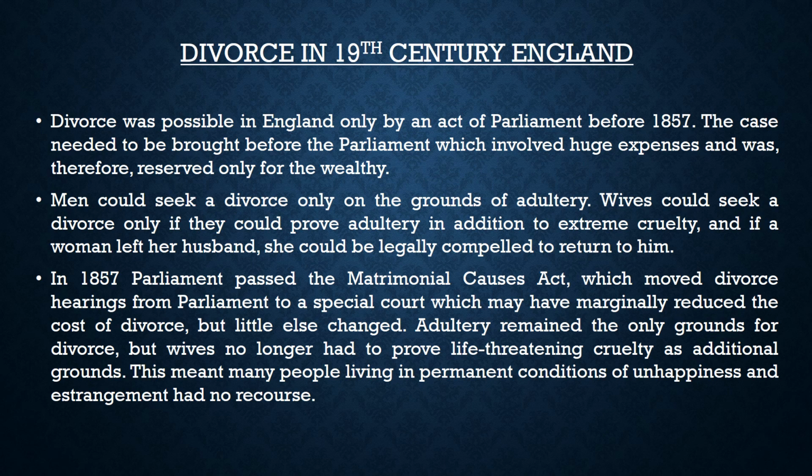People who could not afford divorce, number one, and secondly, people who could not prove adultery, had to remain in that quagmire. They couldn't get out of that unhappy wedlock, and remained permanently in that state of unhappiness.